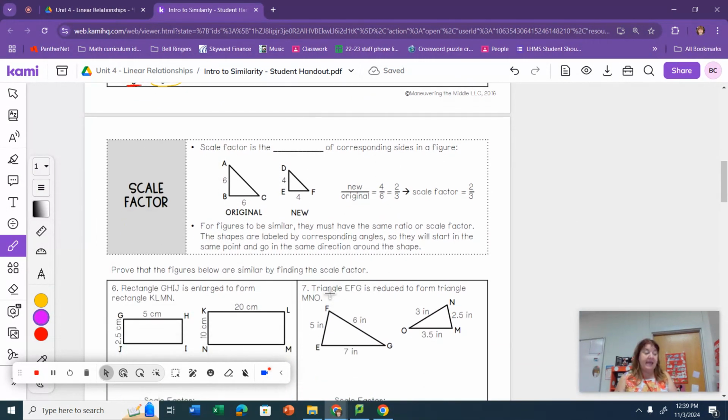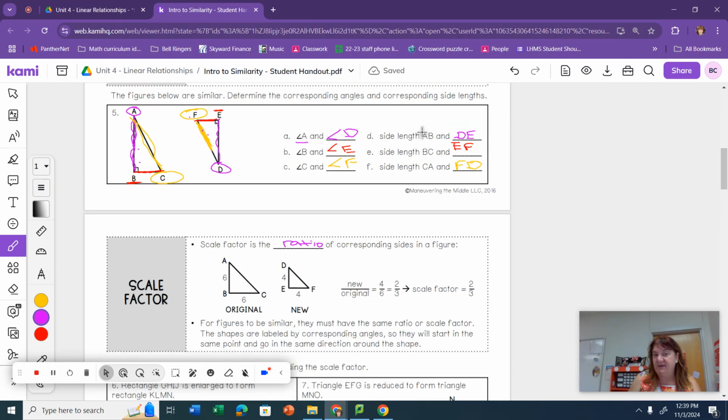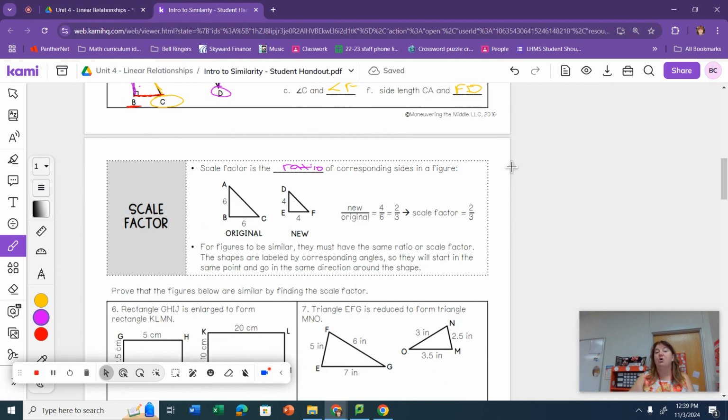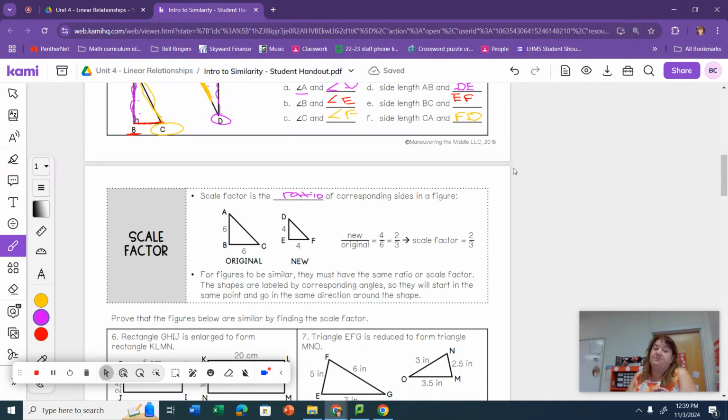Okay. So scale factor is the ratio of the corresponding sides. So remember up here we had corresponding sides. So CA corresponded with FD and BC corresponded with EF. Okay. So those ratios are going to be in proportion. The scale factor is the ratio of the corresponding sides in a figure.